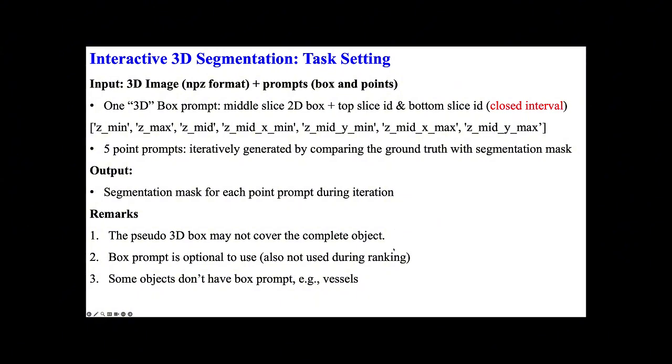Second, the box prompt is optional to use, which means you can directly ignore the box prompt and start with the point prompt. And the segmentation of the initial box prompt is not evaluated during ranking. And third, it should be noted that some objects don't have box prompts, for example, vessels.